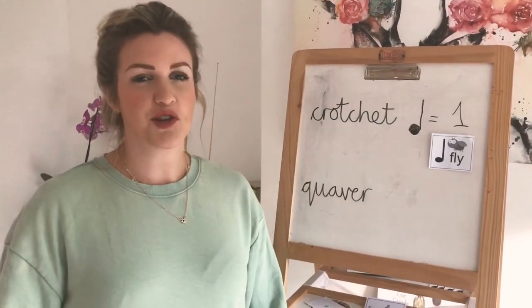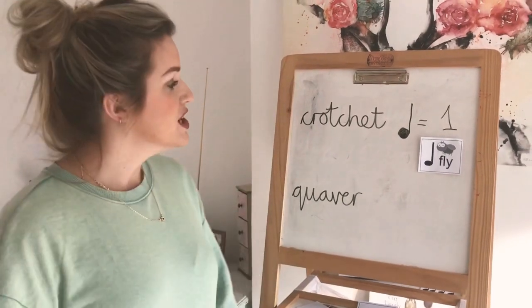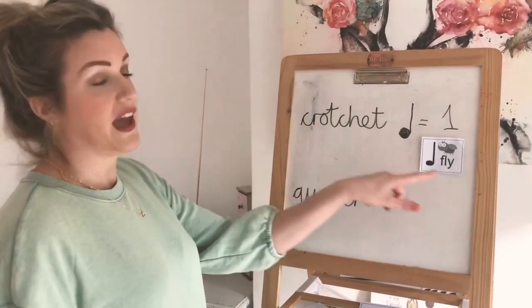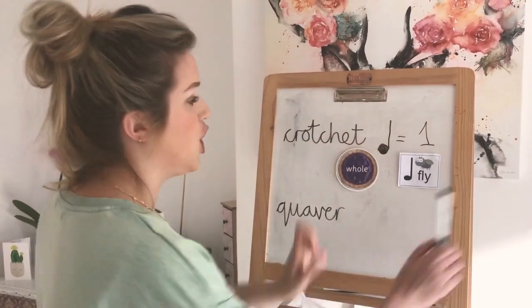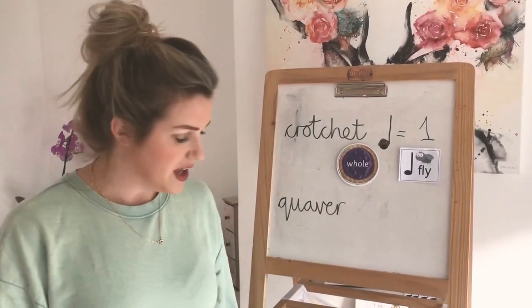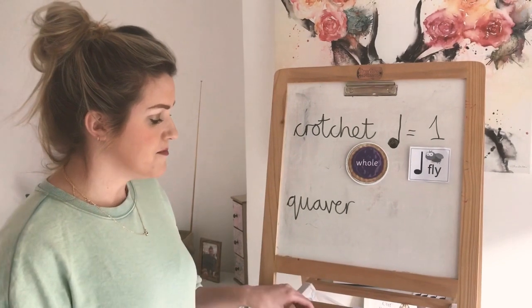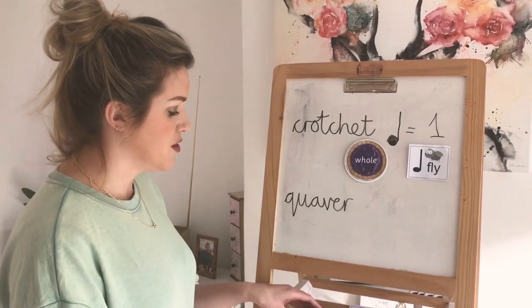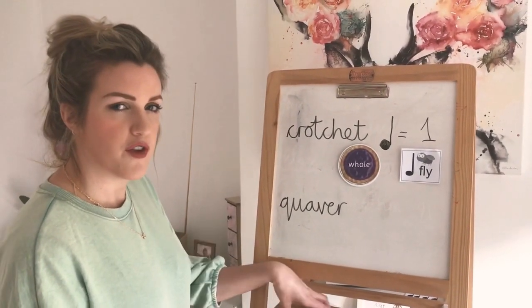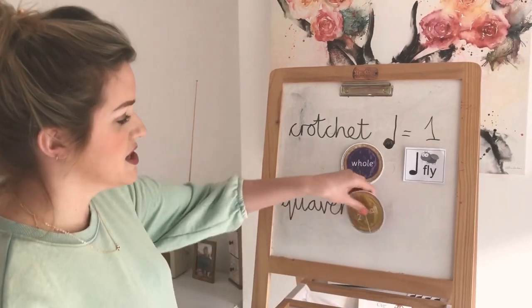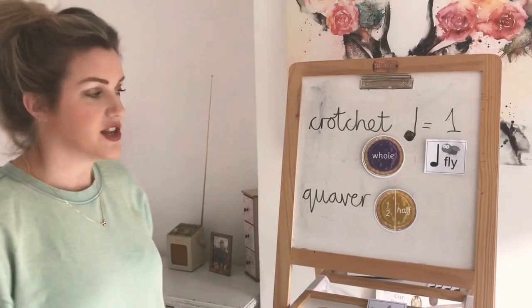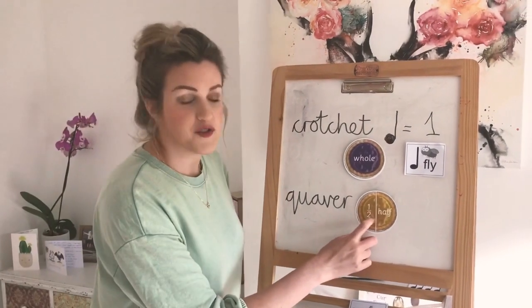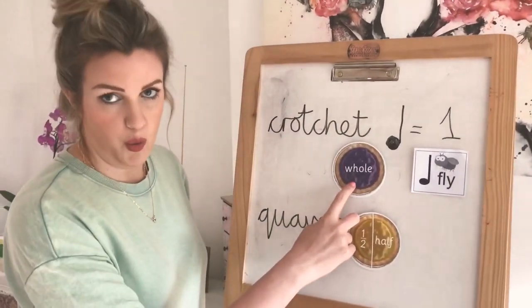Let's use fractions a little bit here. If a crotchet or a fly is worth 1 whole beat, then a quaver is worth half a beat. And we know from our knowledge in maths that 2 halves make a whole.